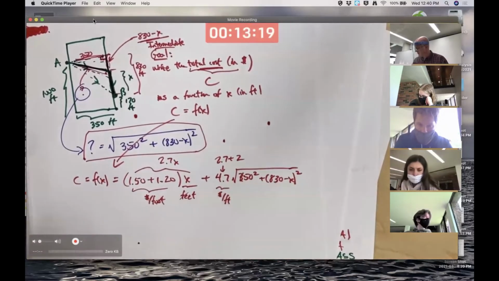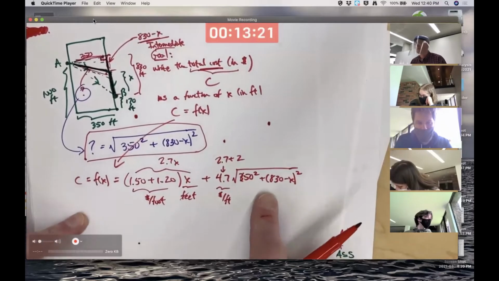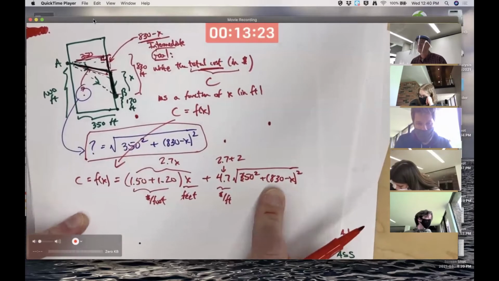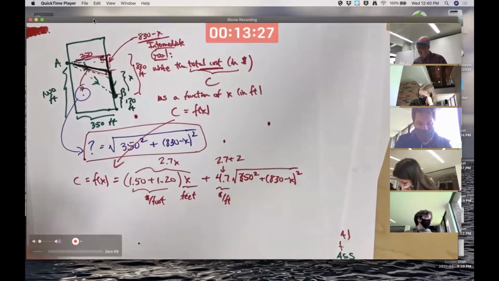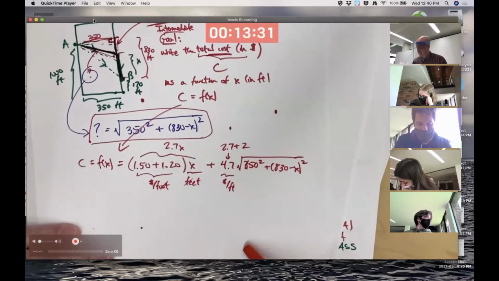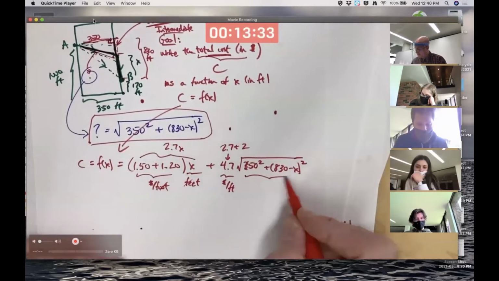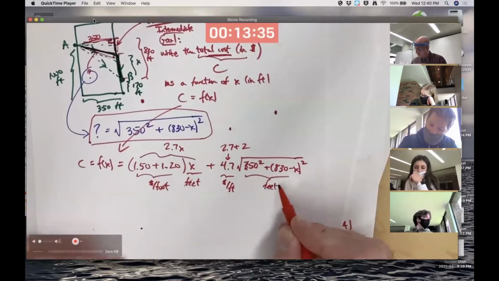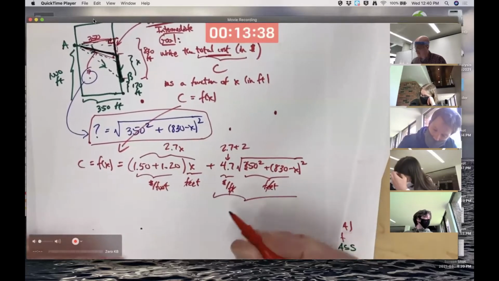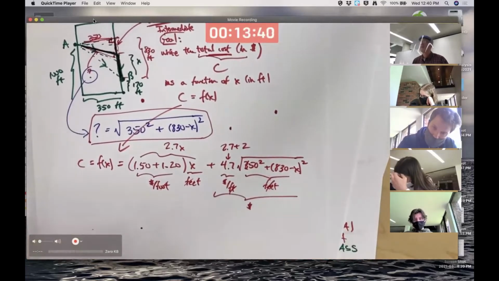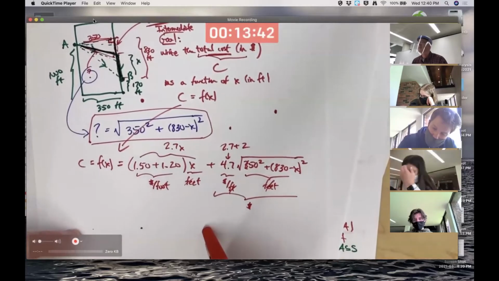I haven't tried this in a while, but I think it works out best to keep it like that. That's our cost as a function of x. Again, this is dollars per foot, this is in feet. So those cancel. This whole product has units of dollars. That's our cost, the sum of these two things.